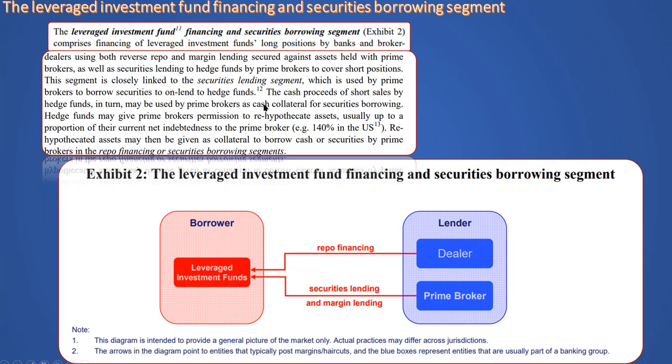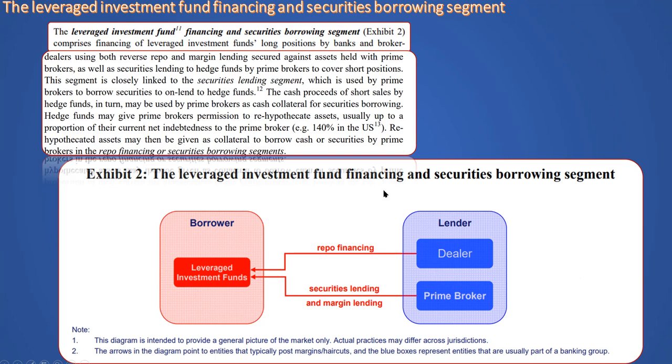Now, what's interesting about this is that the cash proceeds of short sales by hedge funds in turn may be used by prime brokers as cash collateral for securities borrowing. So the hedge funds go in and short the stock, and then they use the profits to give back to the banks as collateral, at which point they can use that same collateral to go and borrow more securities. And you can see how it just can get out of hand very quickly.